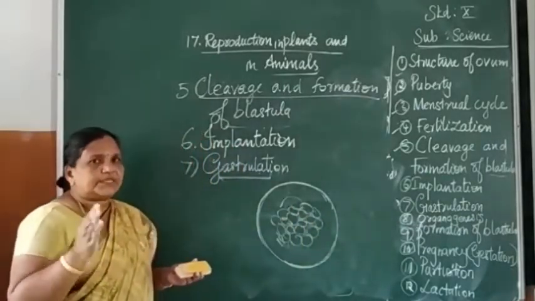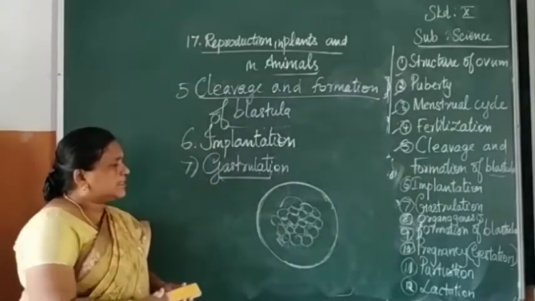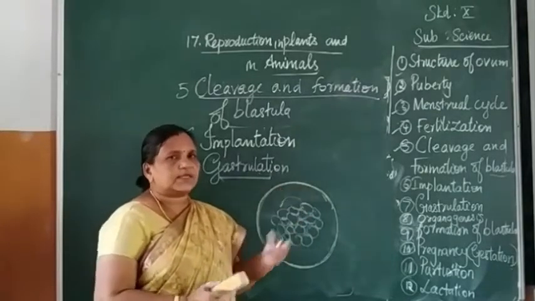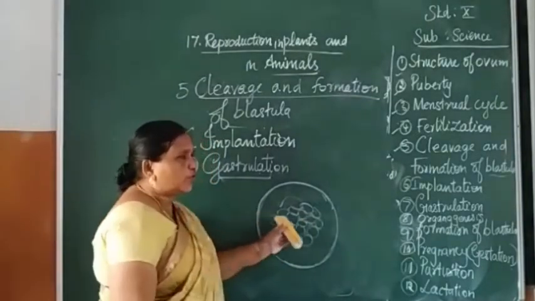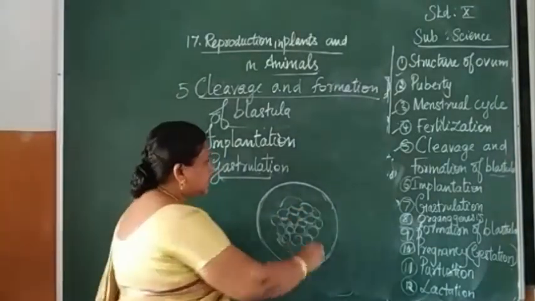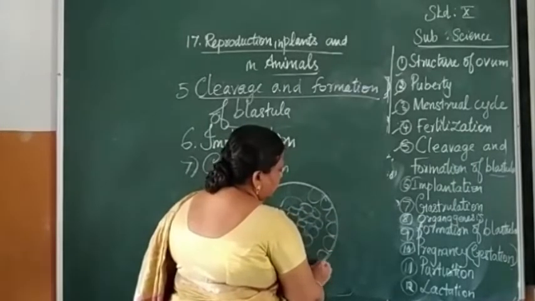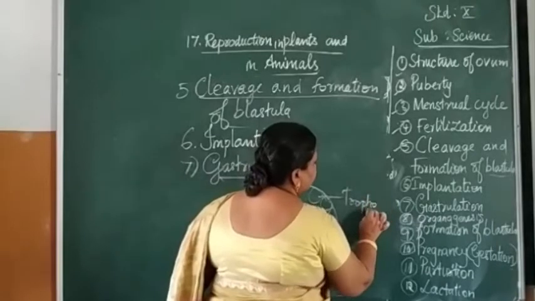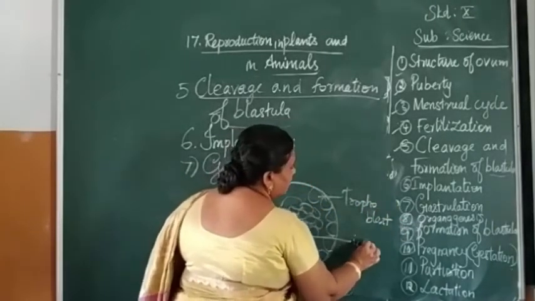It is a rapid division going on inside this area, and these inner cells are converted into 3 layers. The outer cells and the inner mass are present. The cells which are present outside are called the trophoblast. On the interior side, you can see the inner mass of cells.